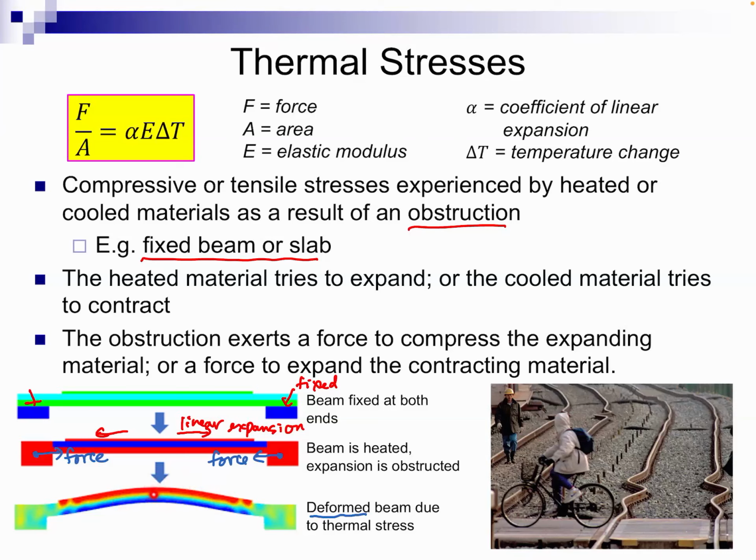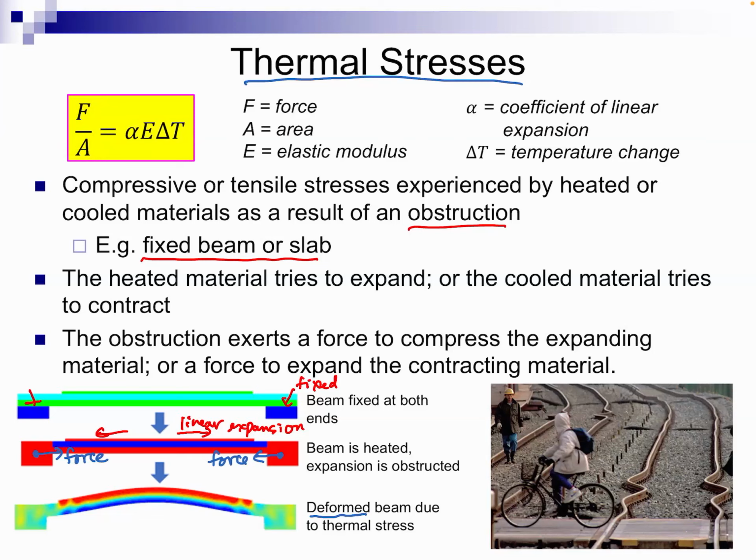Okay, right? The beam still needs to expand because of the increase in temperature, but the opposing force provided by the obstruction at the end will cause the deformation of the fixed beam. And the force that's exerted by the fixed end is what we call thermal stress. We've learned about stress and strain, stress being related to the force per unit area.